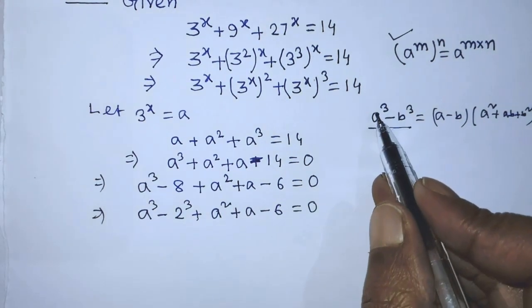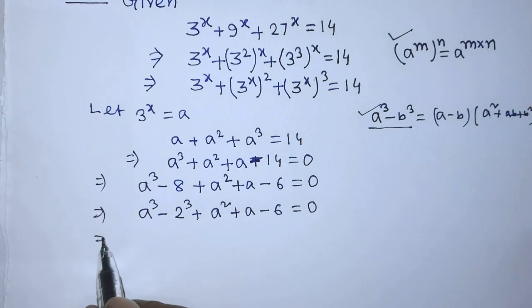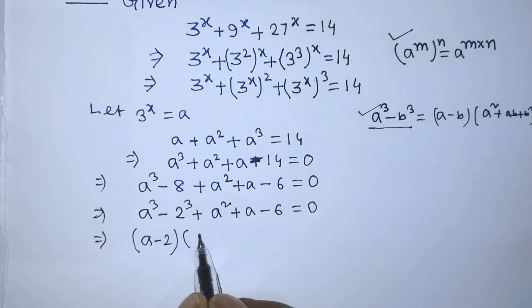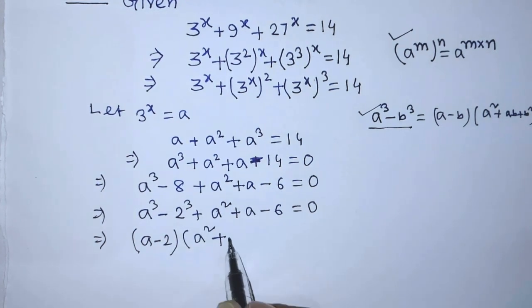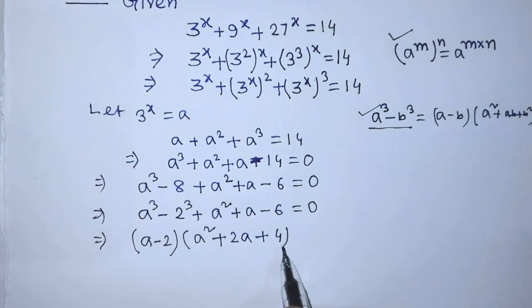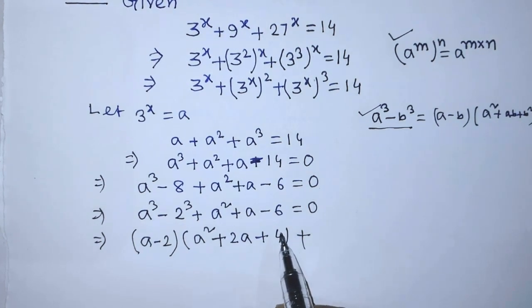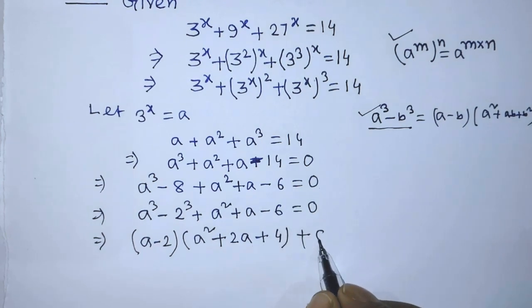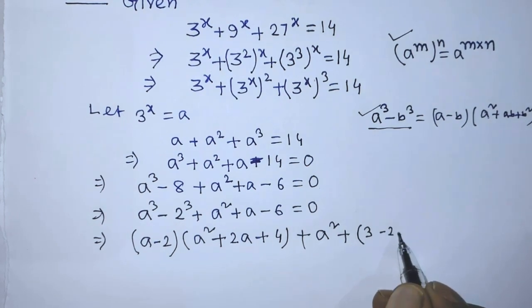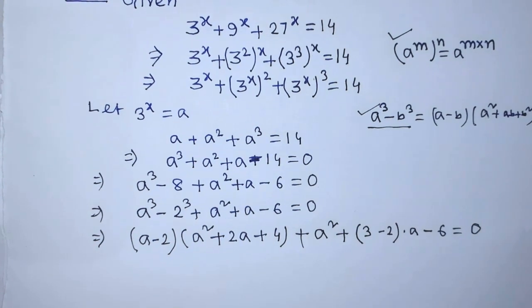So student, according to this formula we can write from the first two terms on the left hand side a - 2 times (a^2 + 2a + 2^2, that is 4) plus, according to the rules of factorization, we can write from the last three terms (a^2 + 3 - 2) times (a - 6) = 0.